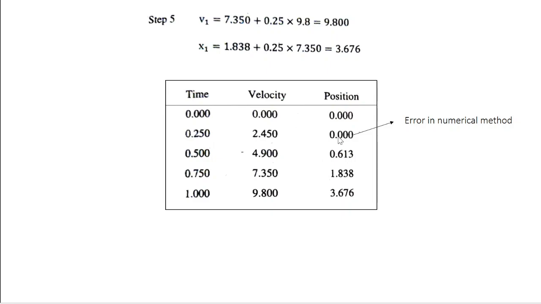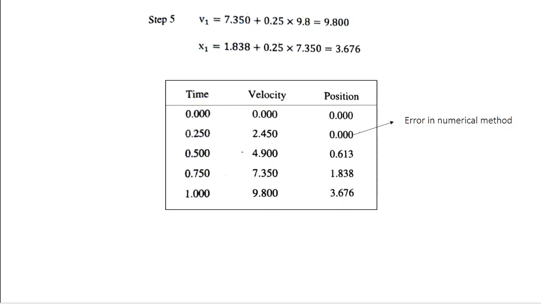So in numerical techniques, in the first step, there is going to be some error, but you can see that in the subsequent steps, the error gets compensated. Now, you cannot avoid it, but you can decrease this error. Here the step size is quite large, 0.25 seconds. So you can reduce the step size, because the error is going to be large only in the first step. When you reduce the step size, the weightage of the error is going to decrease.